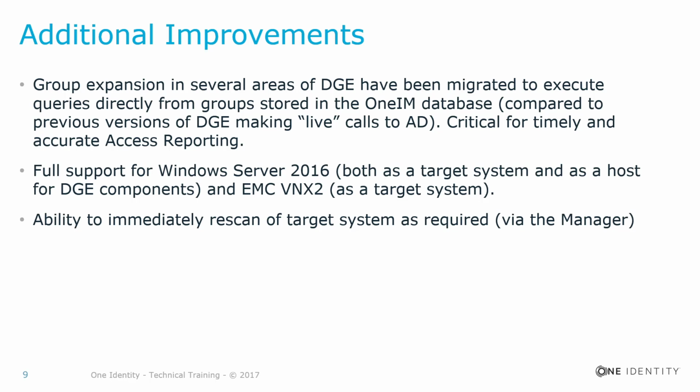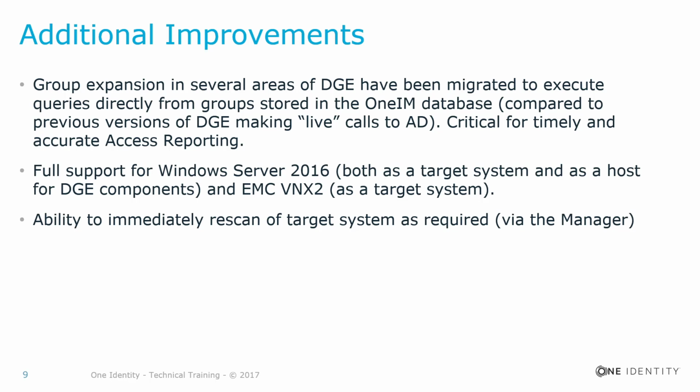In previous versions of DGE, the expansion part of that was actually made using live AD calls. And that's kind of a throwback to the original technology that DGE was built on. Well, one of the things we've been doing is we've been migrating that.